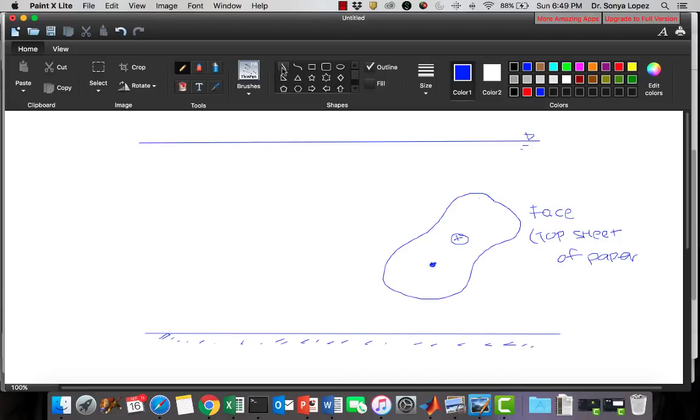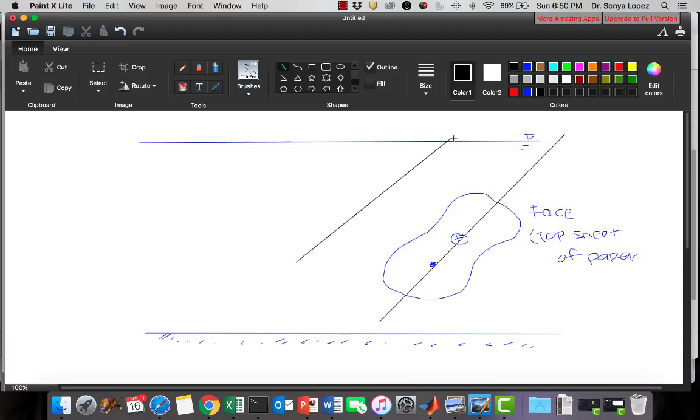Now, what I'm going to do is draw a y-axis through this object, so kind of like that, and I'm going to copy this axis and draw it alongside.